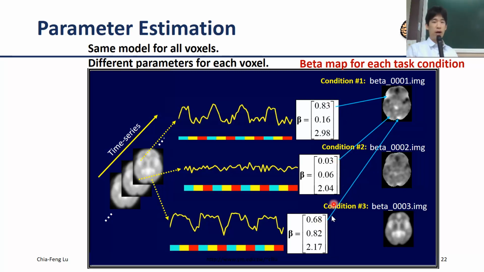So now you can combine all the beta 1 values into a so-called beta 1 map right here. That means this is a map where, for the region right here, I can say it may be highly correlated to condition 1, because you can see a higher beta value right here.